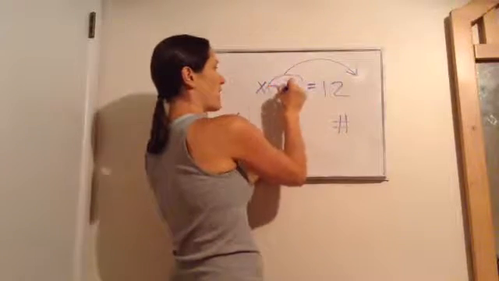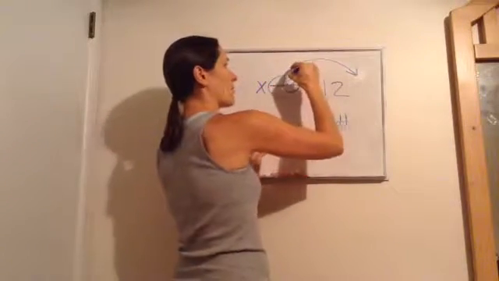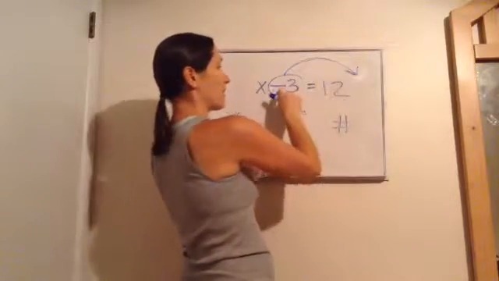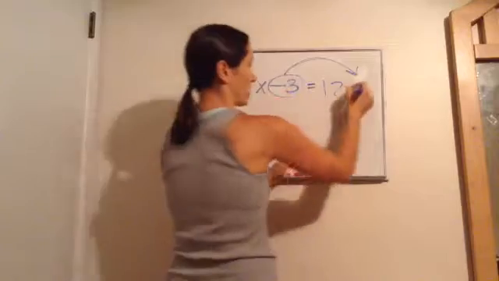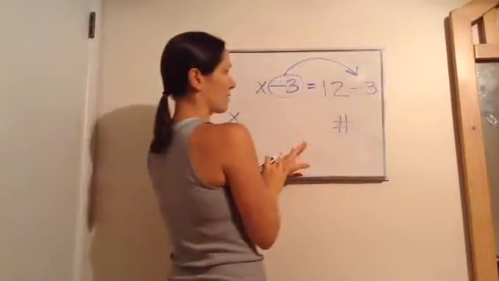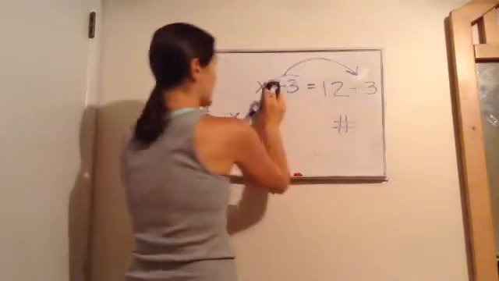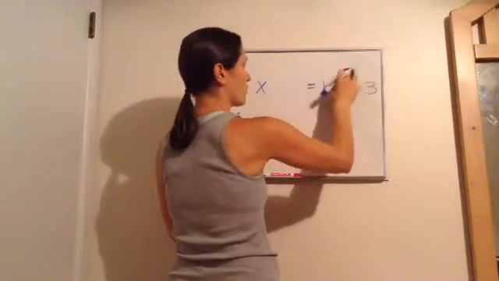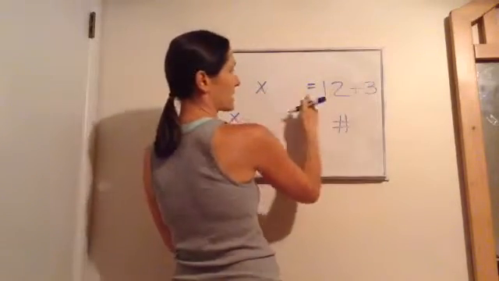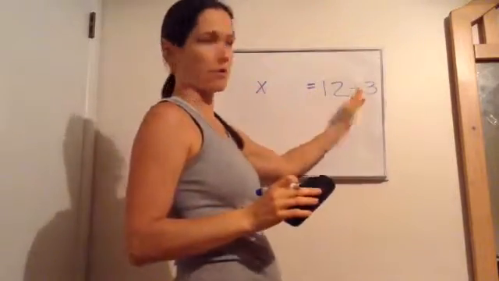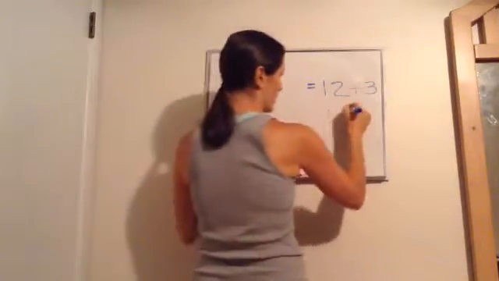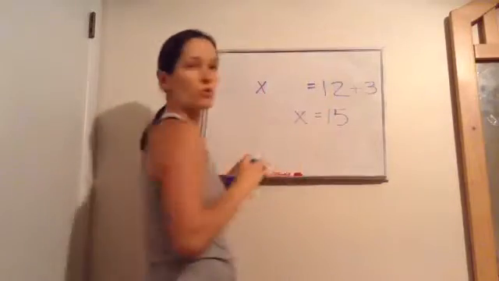Whenever you take minus 3 and move it across the equals, instead of it being minus, you change it to its opposite, which is plus 3. See how we did that? Then you can erase this because you've moved it over, and now this becomes x equals 12 plus 3. We have our x's on one side, our numbers on the other. And 12 plus 3 is 15, so x equals 15.